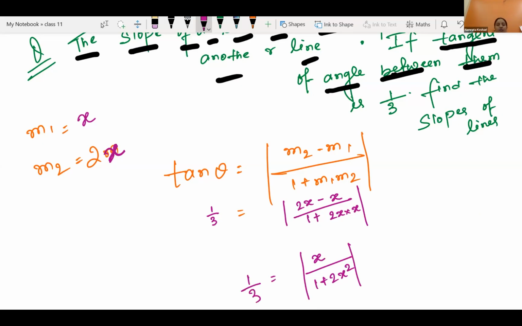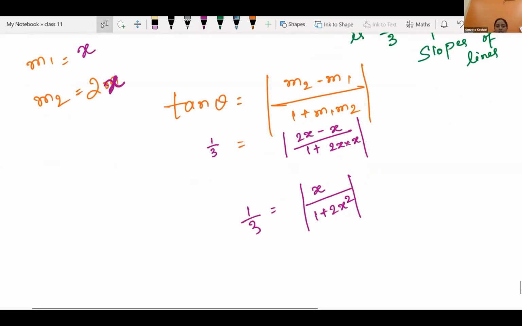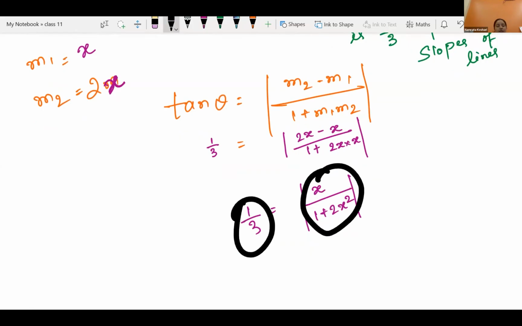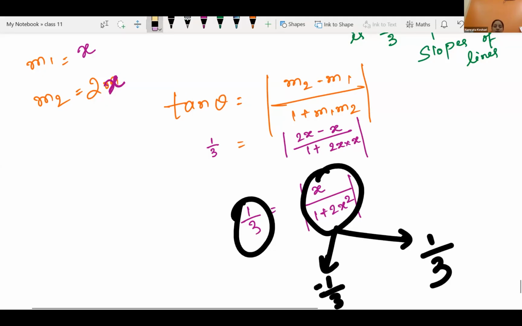Now we will say that the modulus is giving the answer as 1 by 3. That means inside the modulus it was maybe minus 1 by 3, or maybe just 1 by 3. That's why the final answer looks like a positive 1 by 3. Yes or no? Yes, ma'am. Okay.